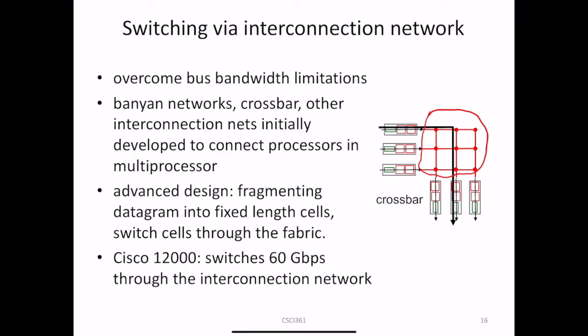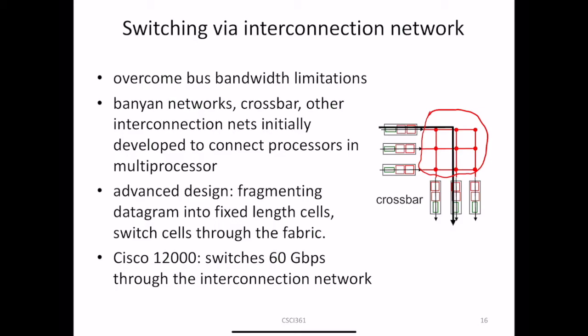Because if different input packets are destined to different output ports, they can actually do the transmission in parallel or simultaneously. However, if different input packets are destined to the same output port, it cannot take the benefit of this kind of structure.